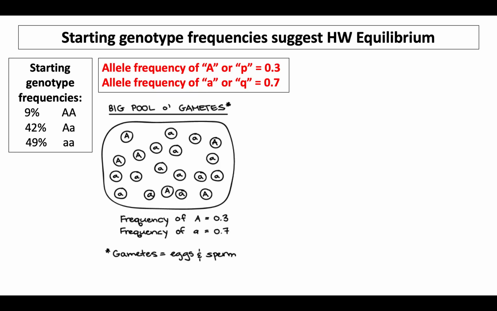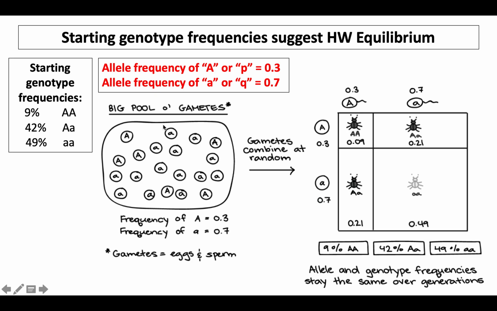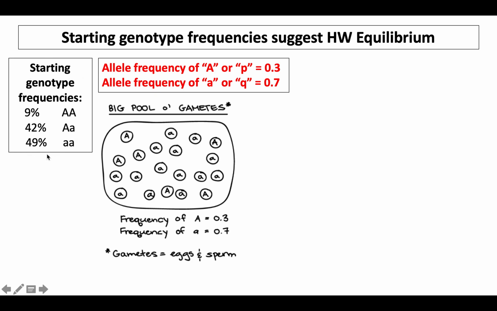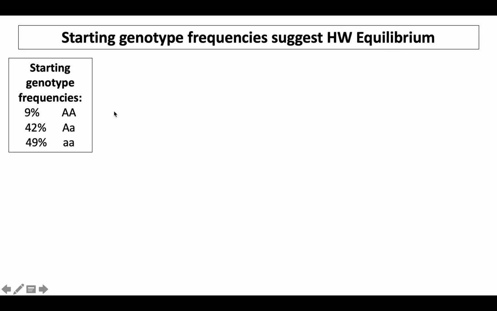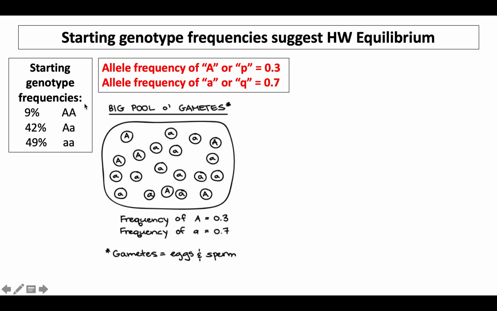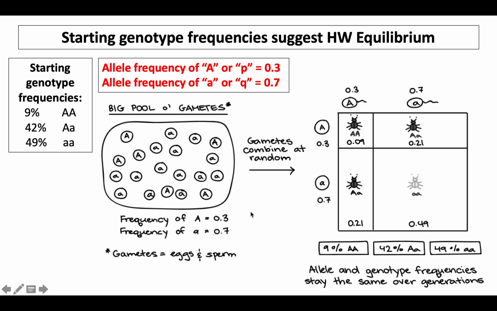So here's just another example of that, where we have our starting genotype frequencies, which we calculated here. We have 9%, 42%, and 49% based on these allele frequencies. Here are our genotype frequencies, and we put all of those into just a big pool of gametes, right?